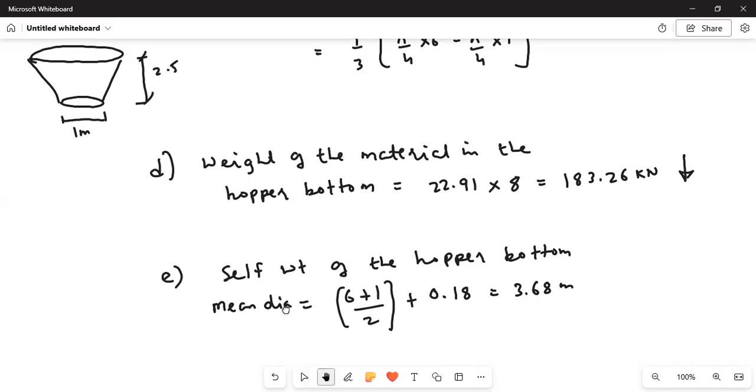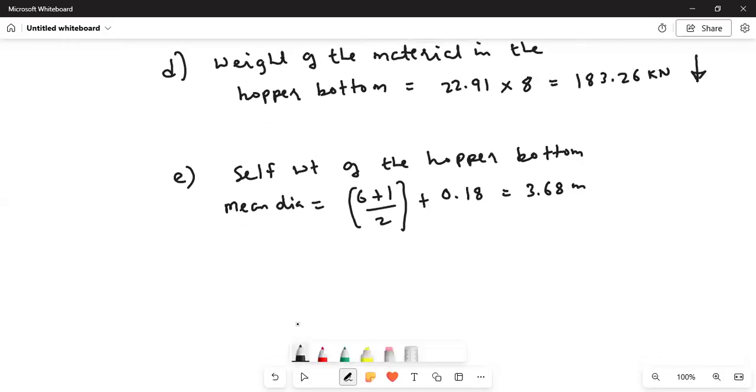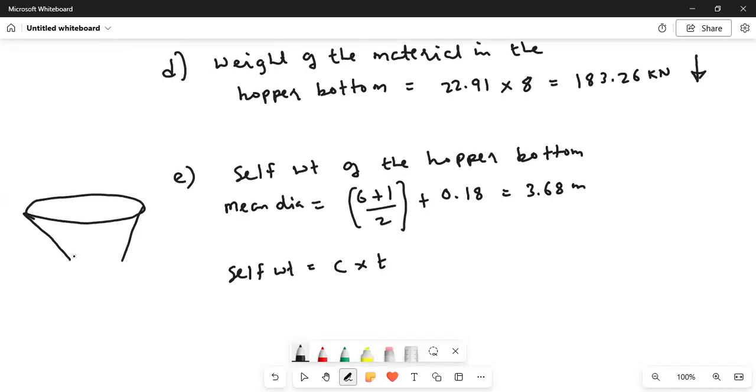Okay. So self weight equal to C into thickness. C means circumferential distance of the mean diameter. So this is how the hopper bottom is.